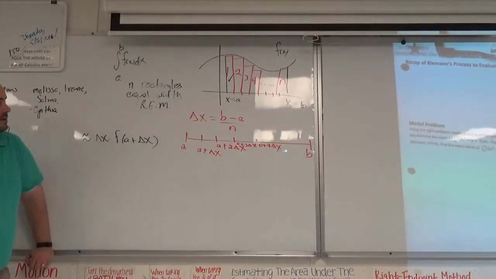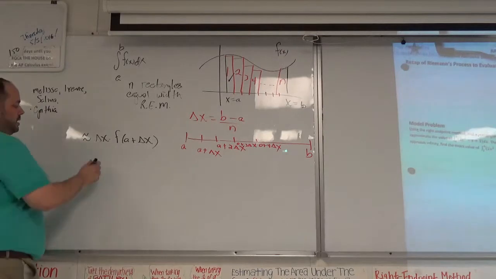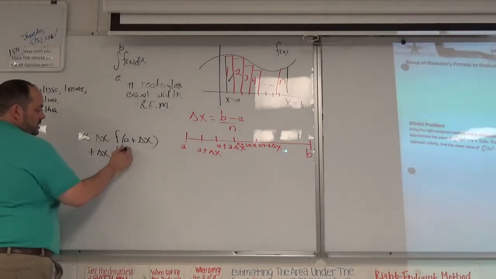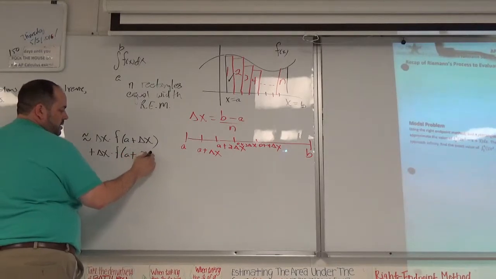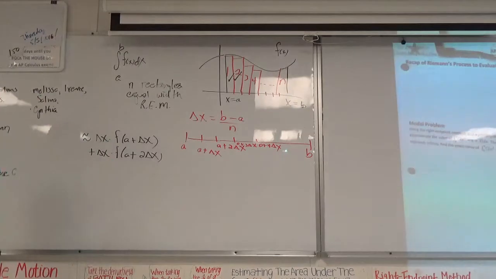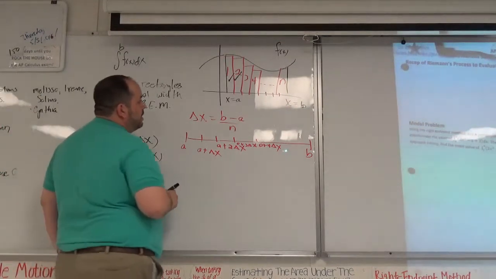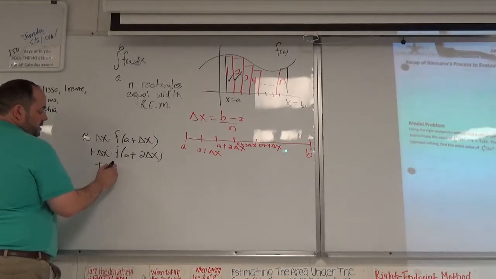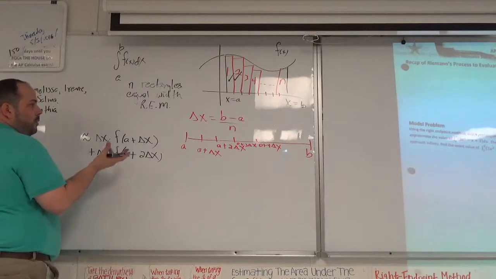Janaea, how about the second rectangle? Delta x times f of a plus 2 times delta x. f of a plus 2 delta x is going to be that second one. Salma, how about that third rectangle? How wide is the rectangle?